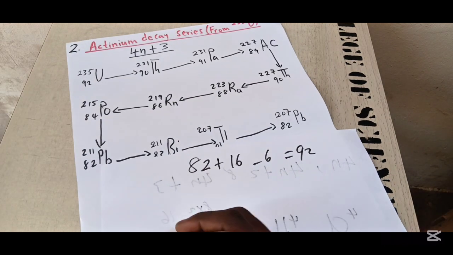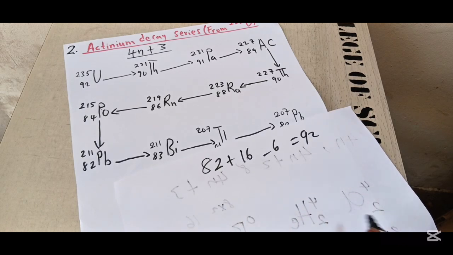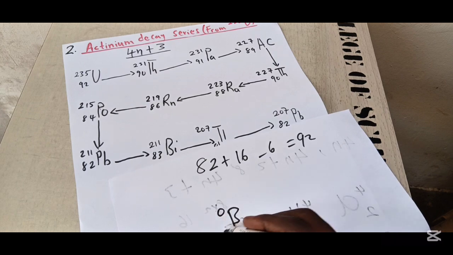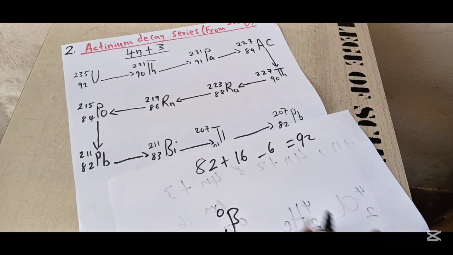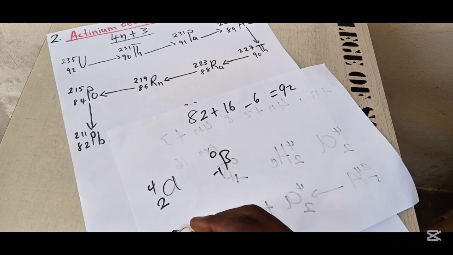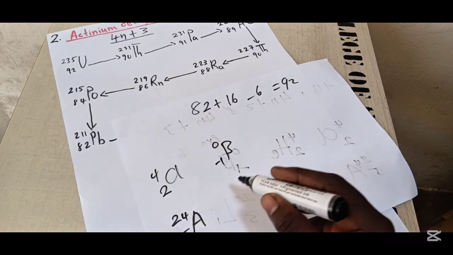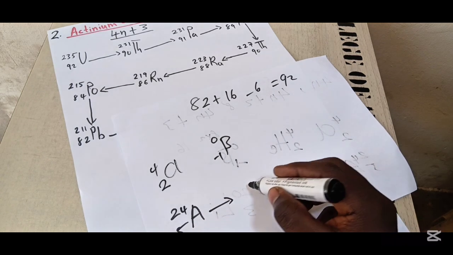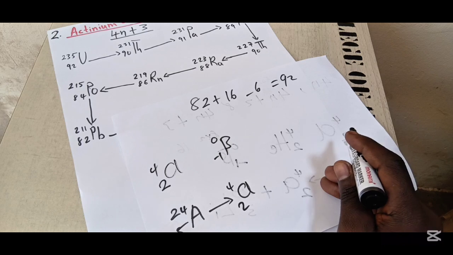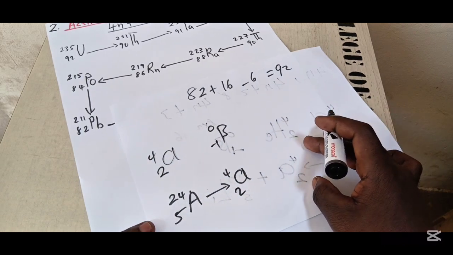If you have an alpha particle, we know an alpha particle has a mass of 4 and a proton number of 2, and beta is 0 and -1. So if we have a nuclide A having a mass of 24 and a proton number of 5 undergoing alpha decay, we are going to release an alpha particle, and the principle is that the total masses at the product side will be equal to the masses at the reactant side.